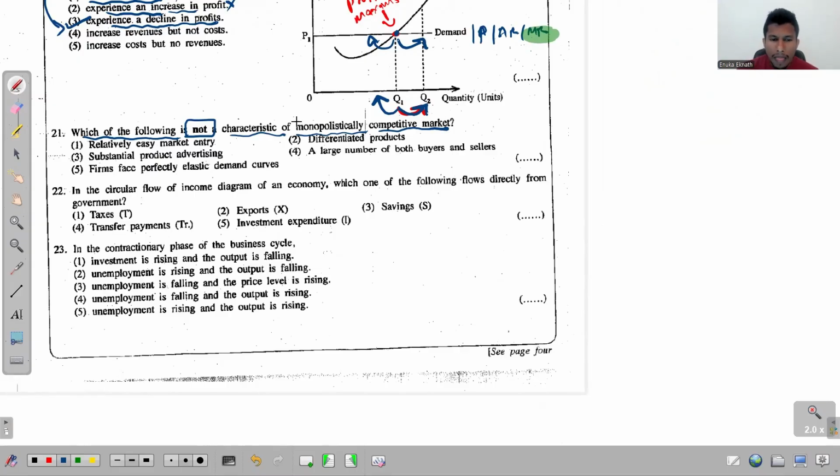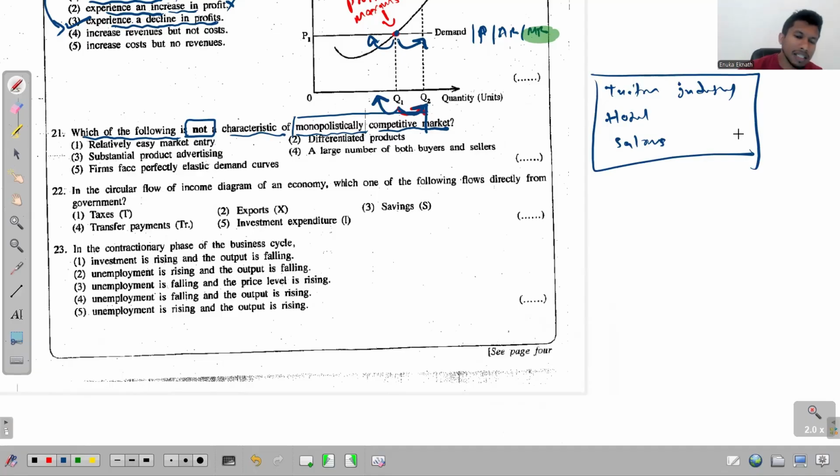And what are the examples of businesses operating in monopolistic competition? The one we are in is the same, the tuition industry. Right? So the tuition industry. Then we have hotels, we have saloons. Think of something like that and see whether the given characteristics apply to them or not. If not, that is the answer. Right.